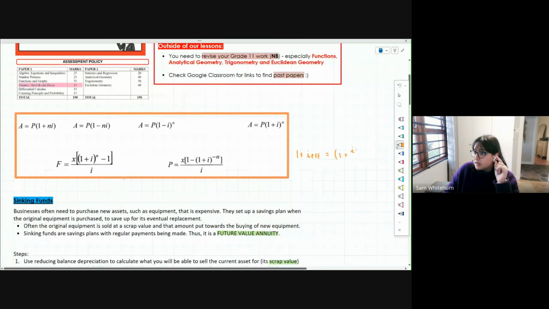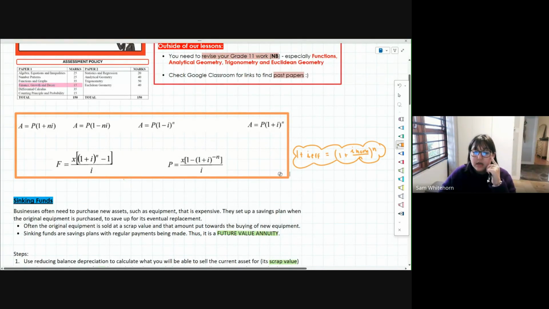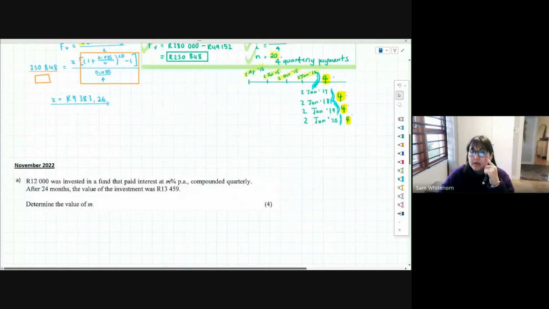I could be wrong, but this is a formula that's not on the formula sheet, but you do need to know. So please make sure you remember that. This has got nothing to do with the question we're about to do, but it was in my head. So just remember, we do need to know that formula.